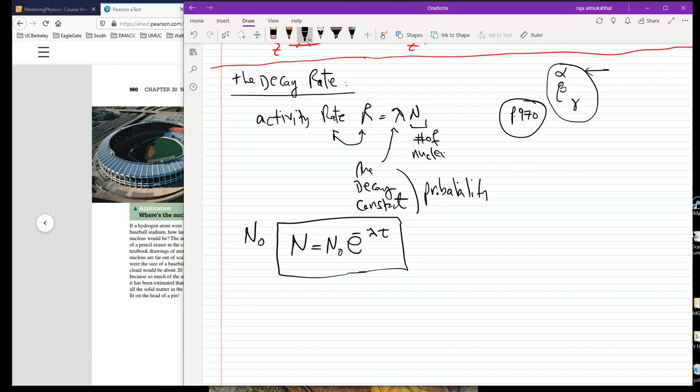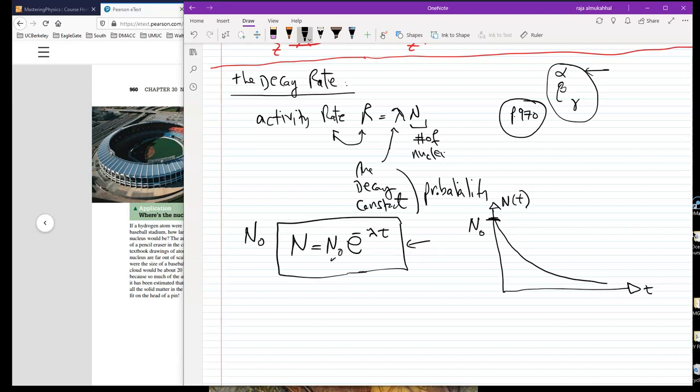The way samples decay, if I graph this one, it will look like an exponentially decaying graph like this, where this is the time axis, and this is the number of samples at any time t, and we're starting at t equals 0, n naught. Okay, this one here. Got it?